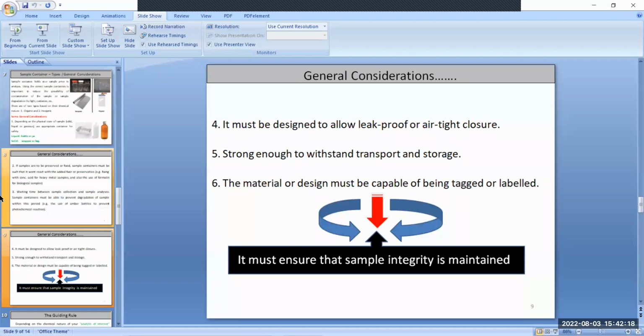Some, even the tag you put on them will easily fall off. So you need to ensure that this is prevented. The list goes on like that, but the most important consideration is that sample containers must ensure that sample integrity is maintained.